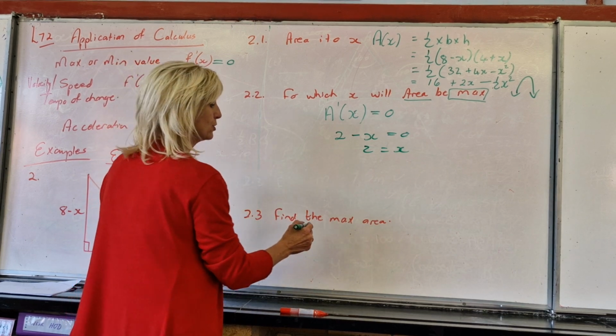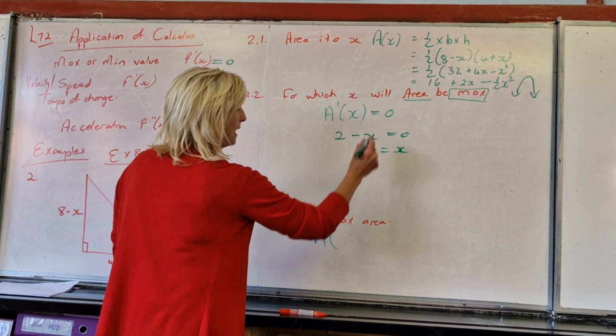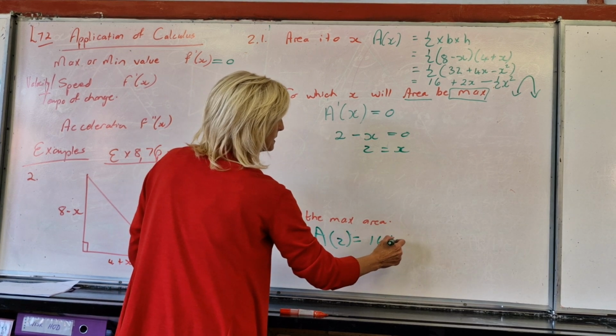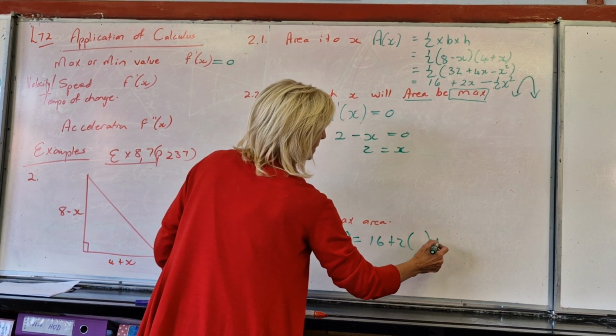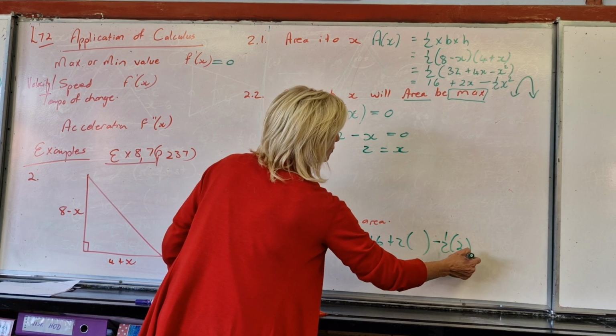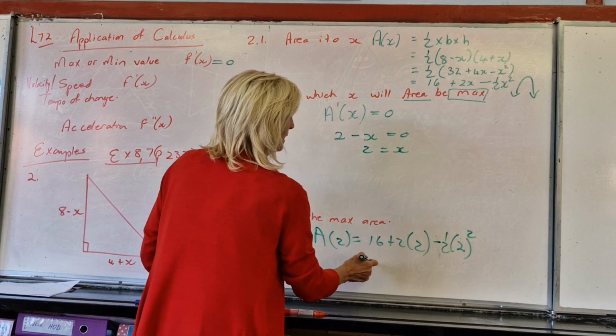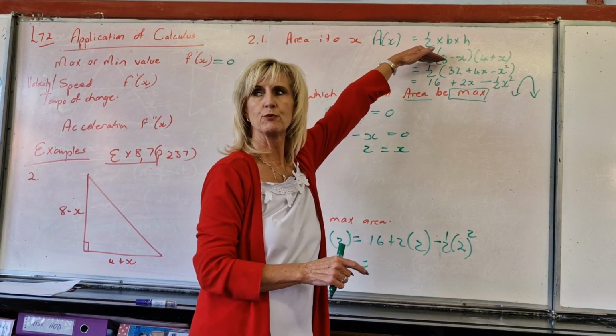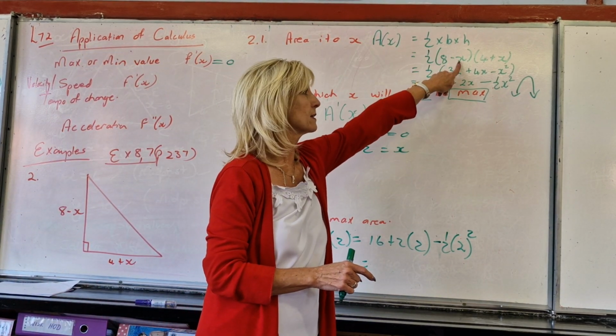So you've got to know to go back to that formula and substitute x with 2, so it's going to give you 16 plus 2x minus a half x, which is 2 squared again. Could I not have gone there and put my 2 there in the place of x?